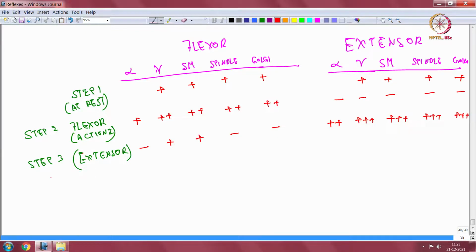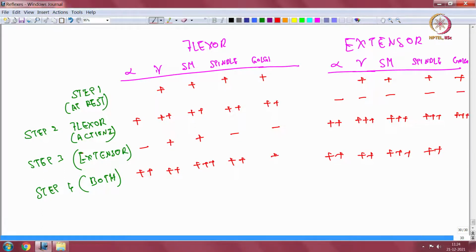So, step 4, both. This I would draw like this. You have to increase gamma, that in turn causes increased spindle, that in turn causes increased alpha, and that causes increased skeletal muscle.